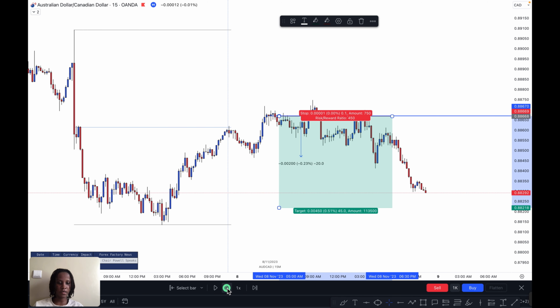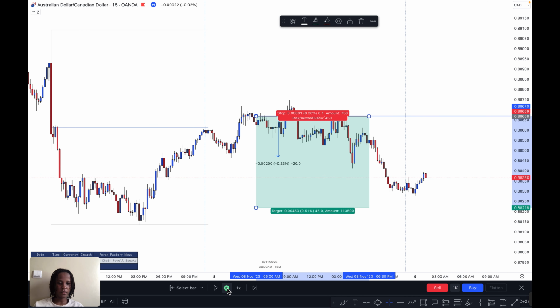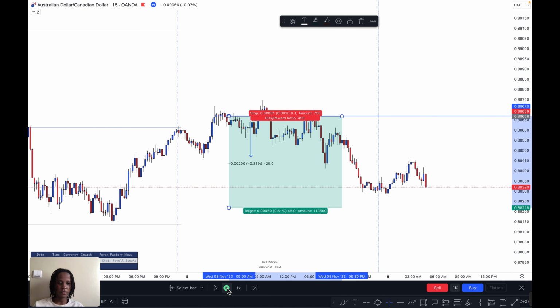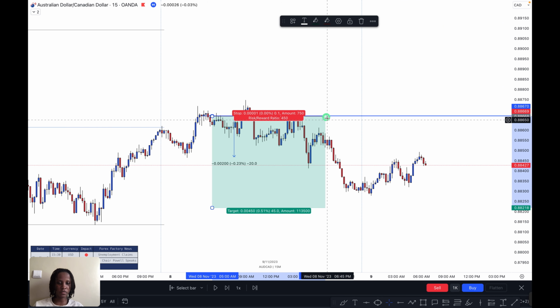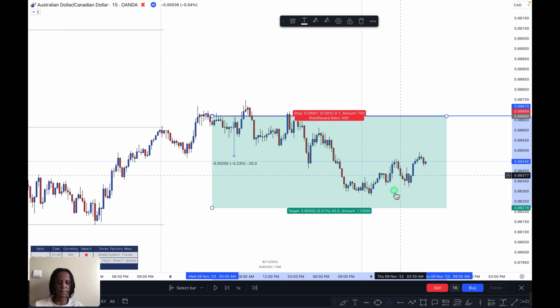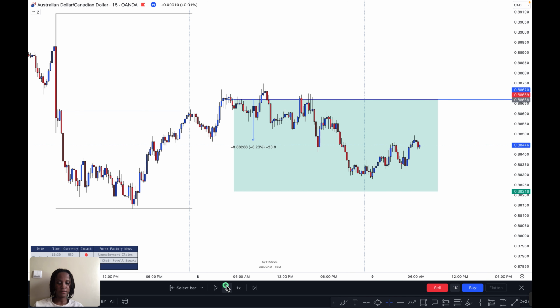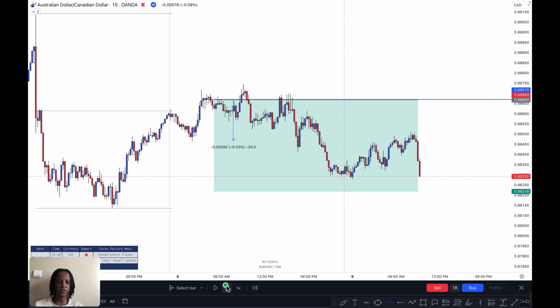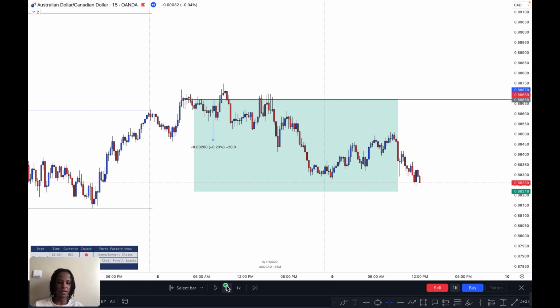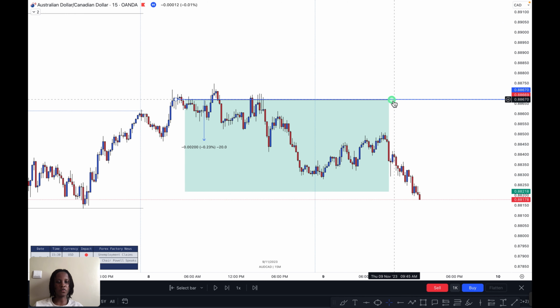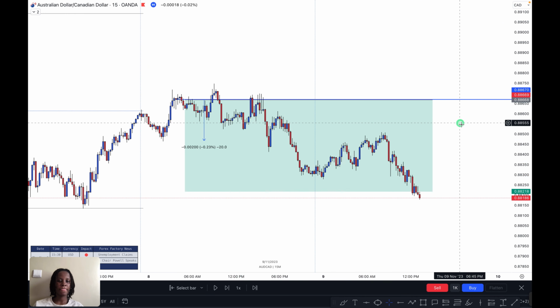You can see there, it was really close to hitting your take profit, but then it's just going up. But right now the trade is risk free, so it can do really anything. And there it goes to take profit.